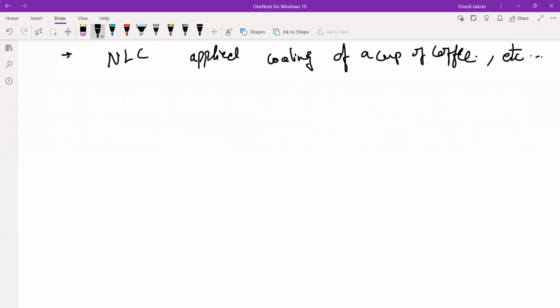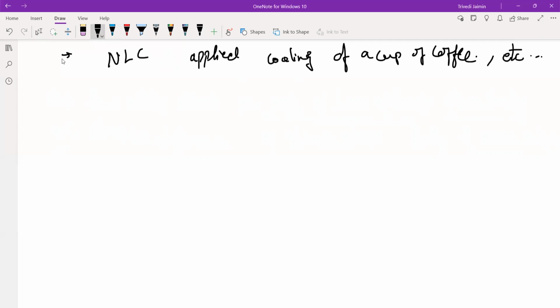State conditions also, right? Very good. With that, we can do some numericals also, so it will be easy to understand. Okay, let's do it.